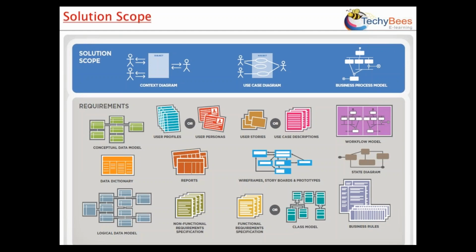There are so many solutions that you can provide. Each of these solutions has a different meaning, and it is a part of the BA techniques which we will learn step by step. Okay.